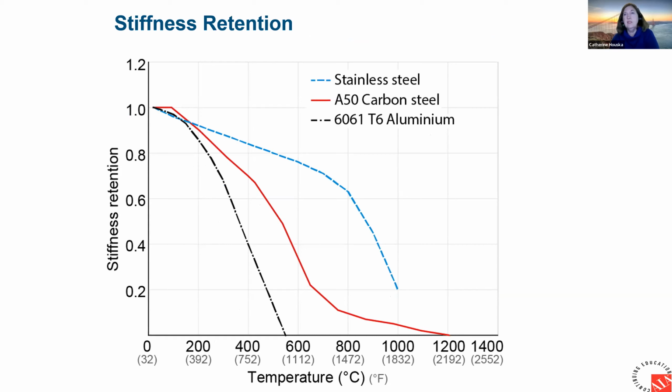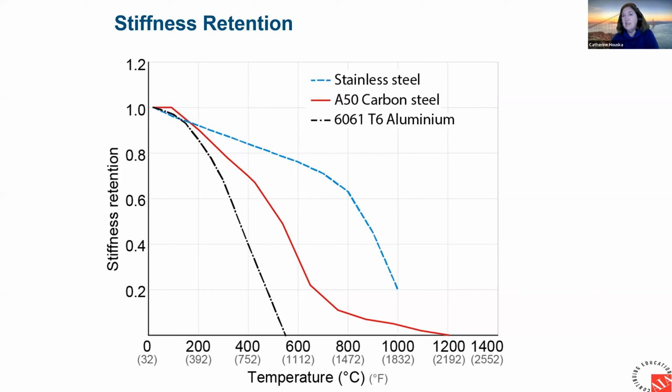And here you can see that stainless steel is definitely superior to carbon steel, which can mean in some applications, if we're not talking about very high temperature fires, such as might occur in an industrial application, that you can often use stainless steel without fire protection.